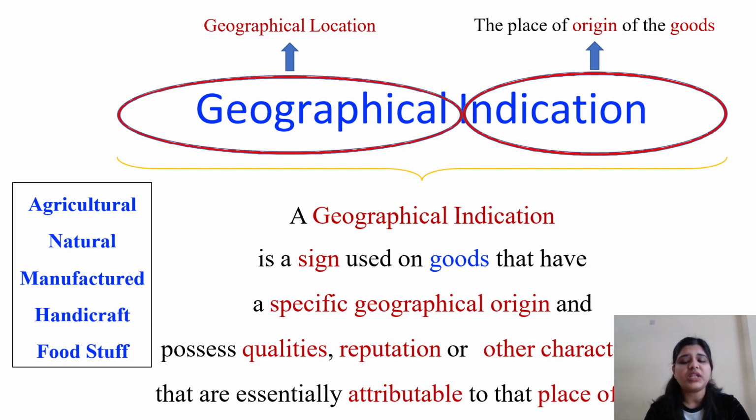Suppose we have the famous Darjeeling tea. The word Darjeeling is nothing but a place located in the region of West Bengal where the tea is cultivated. The aroma, texture, scent and taste that we get after consuming the tea all come from the way it is cultivated in the region of Darjeeling.